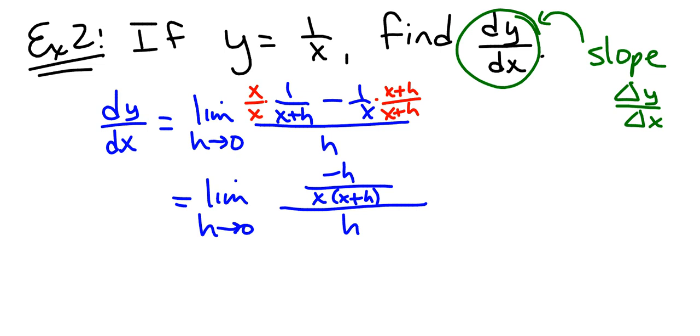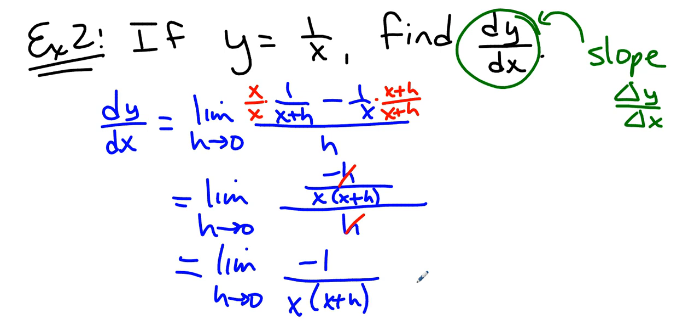The h's drop out, and so you have the limit as h approaches 0 of negative 1 over x times x plus h. Well, what's that? As h gets closer and closer to 0, this doesn't care.